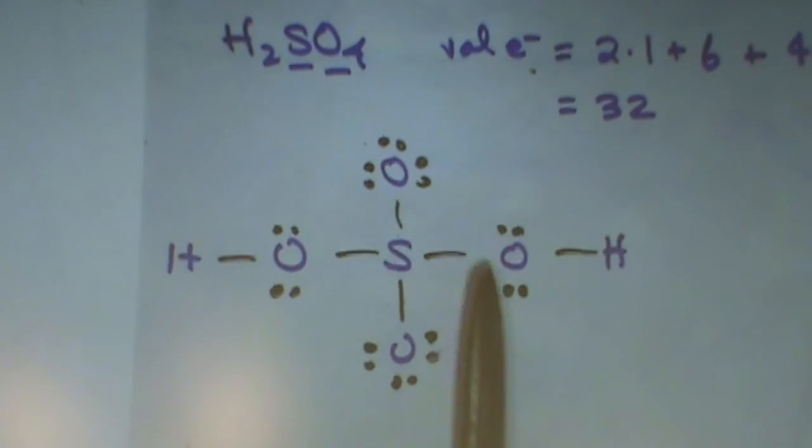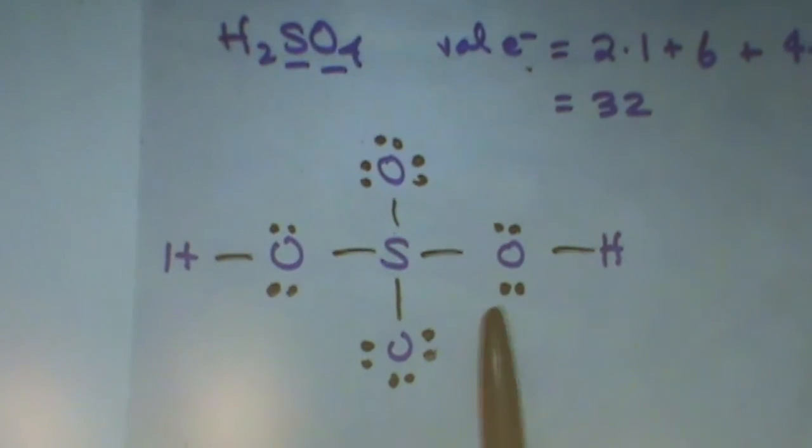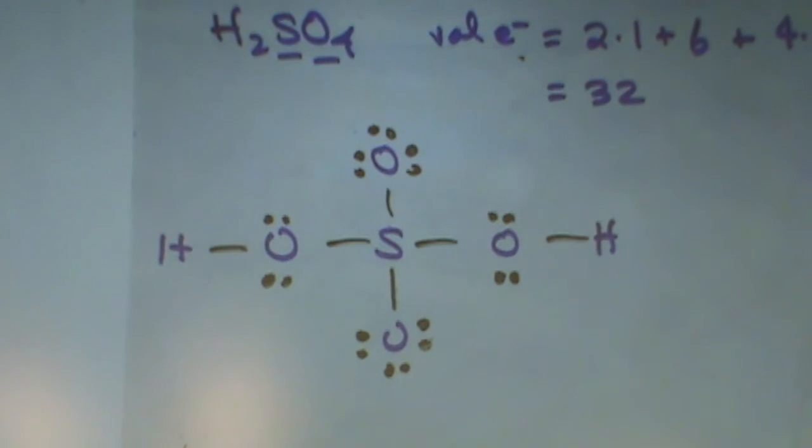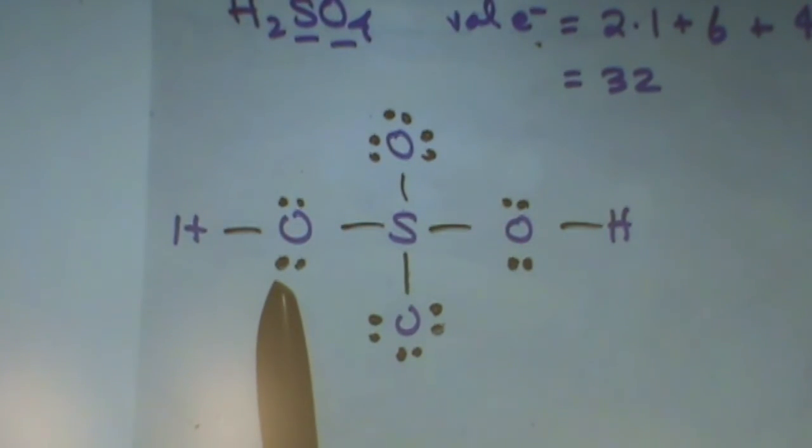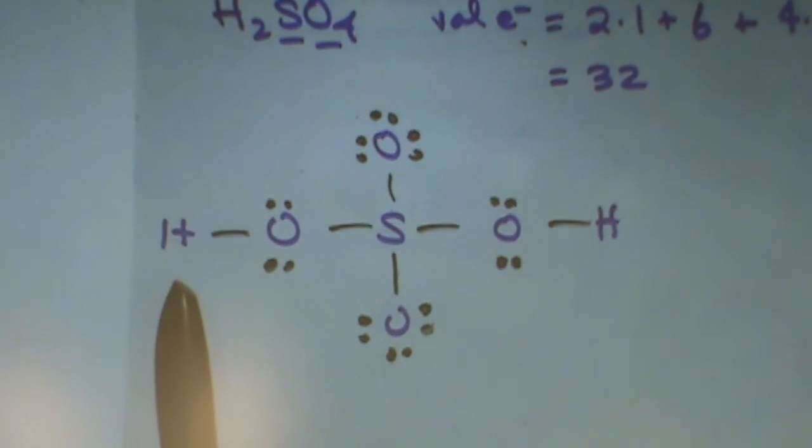And so I go 1, a bond, 1, 2, 3, another bond, 4, 5, 6. So it's in column 6, it has 6 items around it, it's a formal charge of 0. Same with this one right here. This is also 0 for the same reason. If you do hydrogen, it's in column 1 or 1A, and it has 1 thing around it. So if it's a match, it's 0.